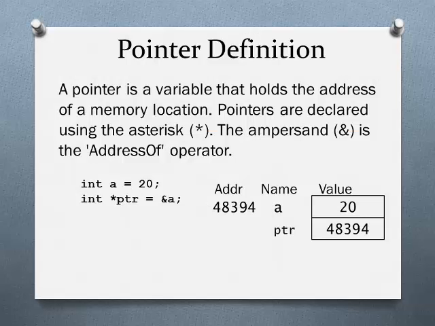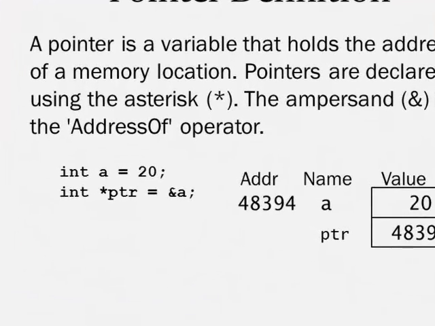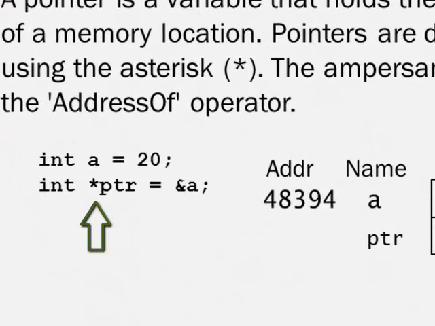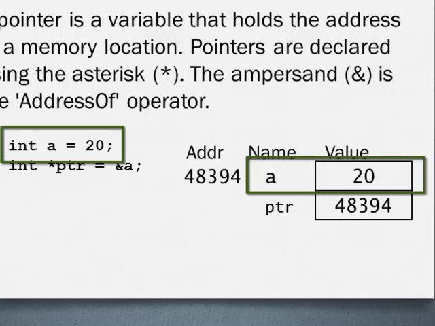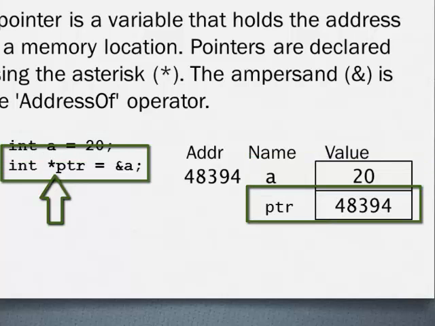Here's a definition for pointers. A pointer is a variable that holds an address of a memory location. Pointers are declared using the asterisk. The ampersand is the address of operator. Right here I have int A equals 20, so I have a variable named A, and the contents is 20. Int star PTR equals ampersand A. What I'm doing is declaring a pointer by the name PTR.